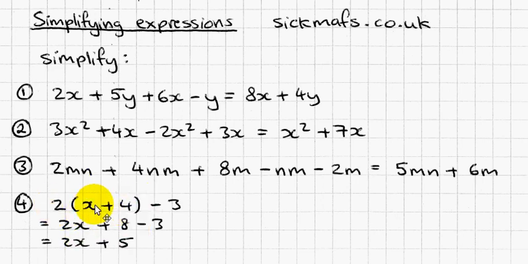So that expanded or multiplied out looks like that, and I've still got the minus 3 outside, so put that back out there. And simplifying, well, the x's can't simplify with numbers, so just 2x remains as it is, and 8 minus 3 simplifies to 5, because 8 minus 3 is 5. And that's how simple simplifying expressions is.